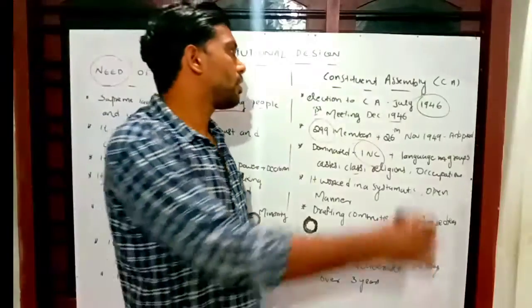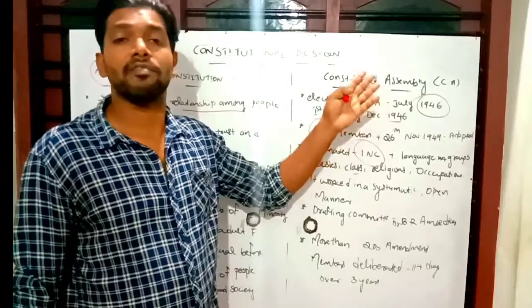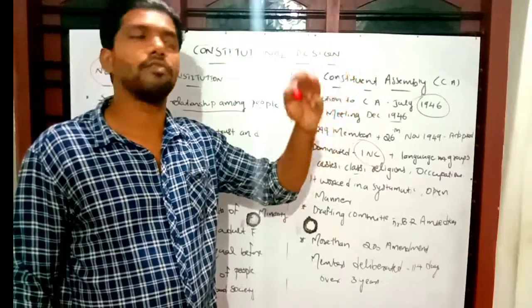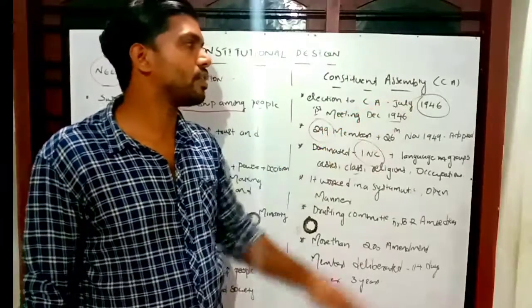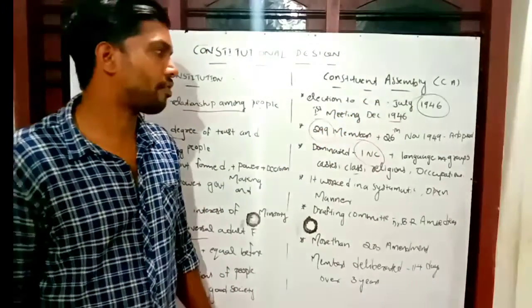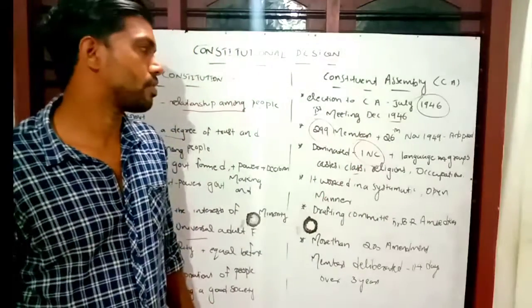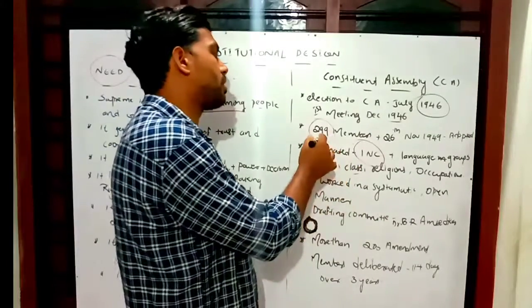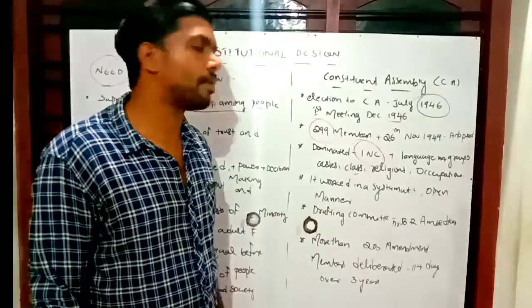Once again, the Constituent Assembly: their ultimate aim was to draft a finest and very beautiful constitution for our country. The election to the Constituent Assembly was held in July 1946, and the first meeting in December 1946. It had almost 300, totally 299 members.